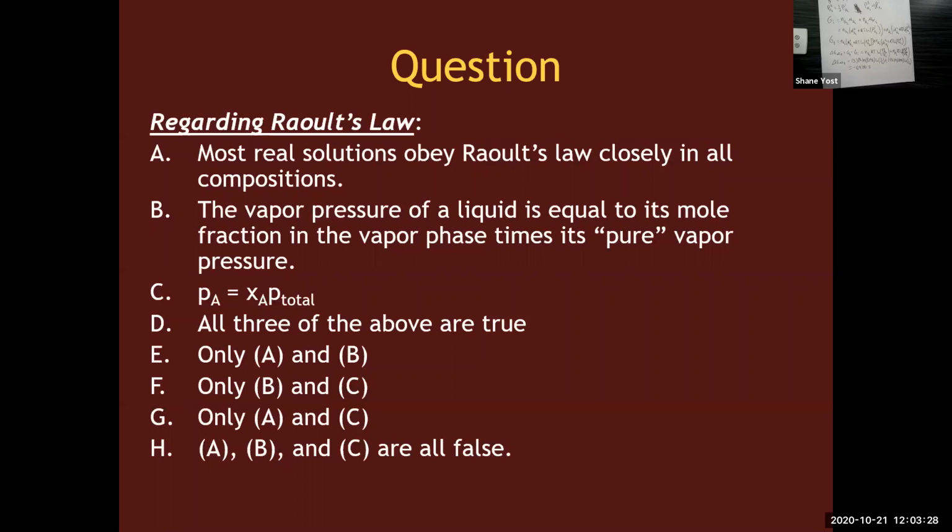For Raoult's law, most real solutions obey Raoult's law closely in all compositions. The vapor pressure of a liquid is equal to its mole fraction in the vapor phase times its pure vapor pressure. PA, vapor pressure, equals mole fraction A times total pressure, sorry, right? All of these are true, or only two of them are true, or all three are false.